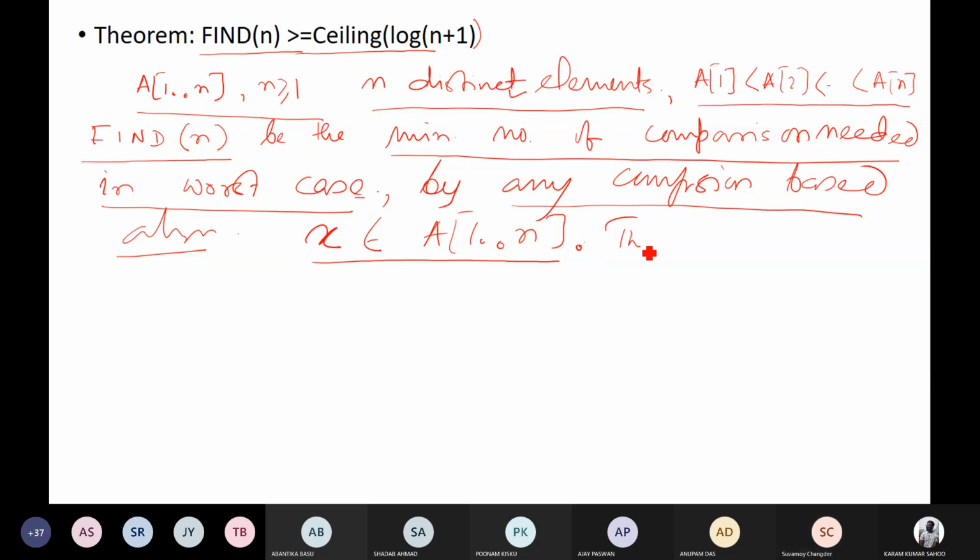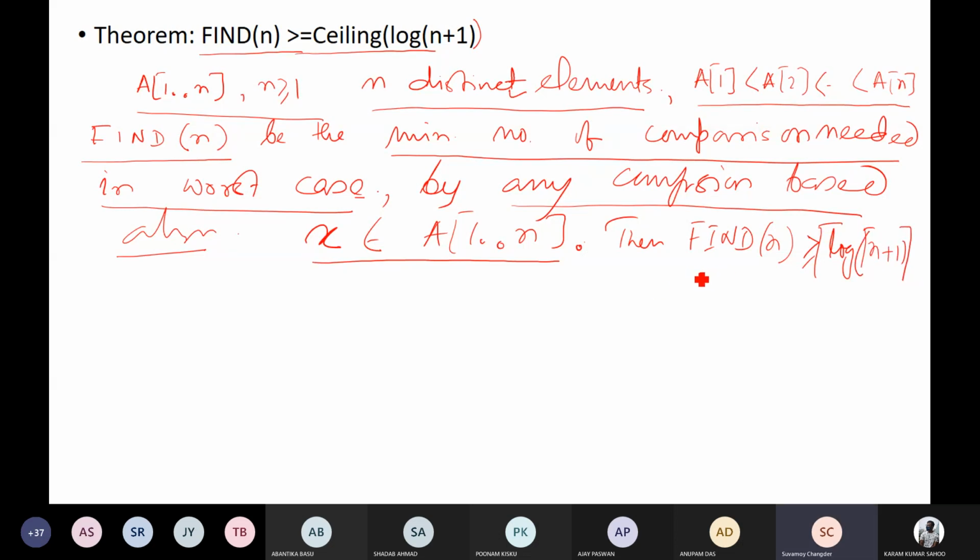Then we say that find(n) is greater than or equal to the ceiling value of log of n plus 1.